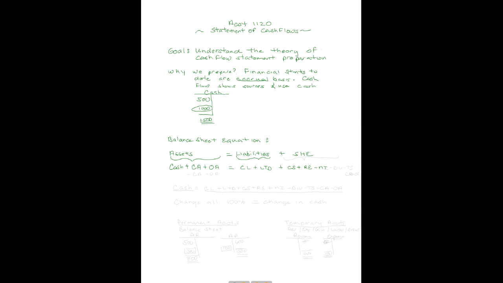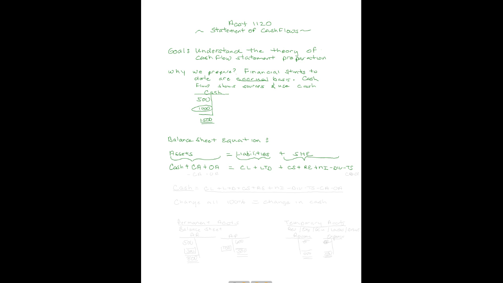Net income gets closed into retained earnings. We pay out dividends, and we have treasury stock. And I think I've included everything your author does in this section on expanding stockholders' equity. So what I've done is rewrite the balance sheet equation, but using more detail.